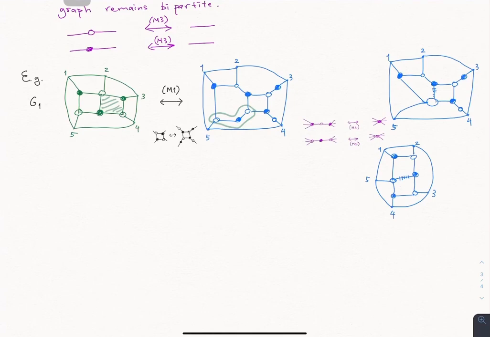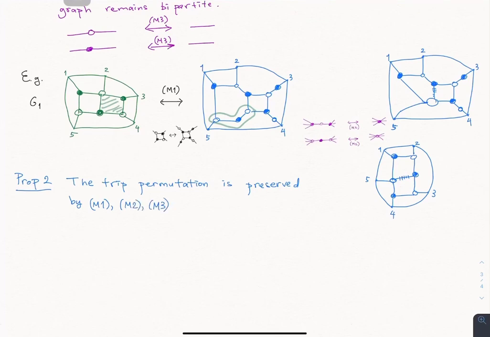All right. So here's a proposition related to the trip permutation. The trip permutation is preserved by the local moves M1, M2, and M3.